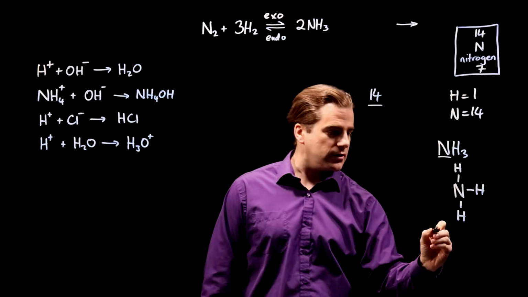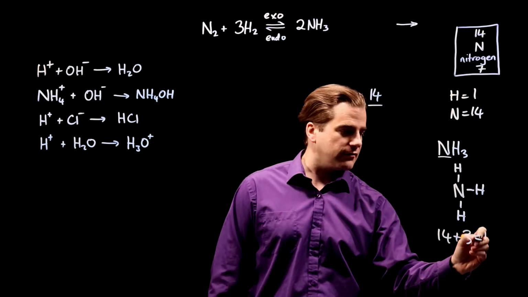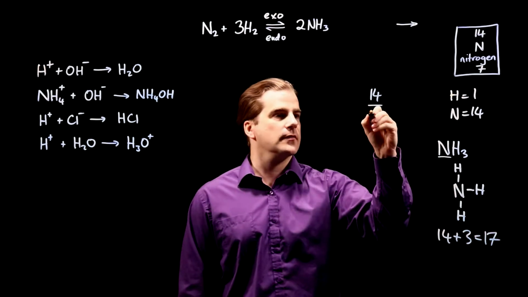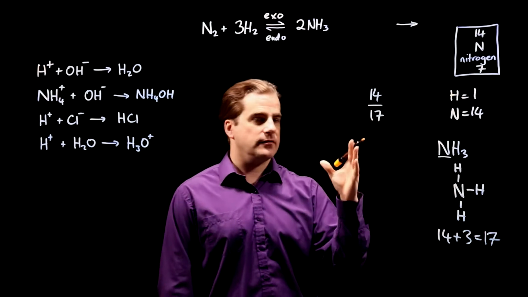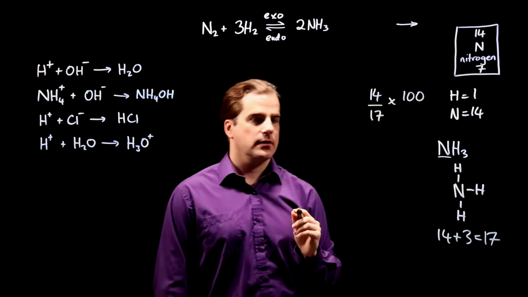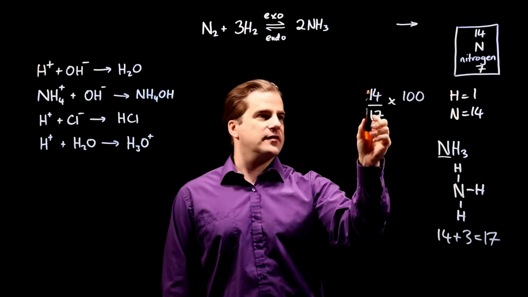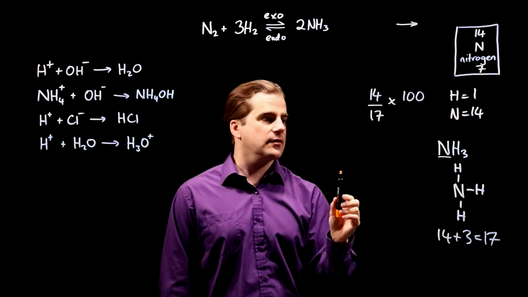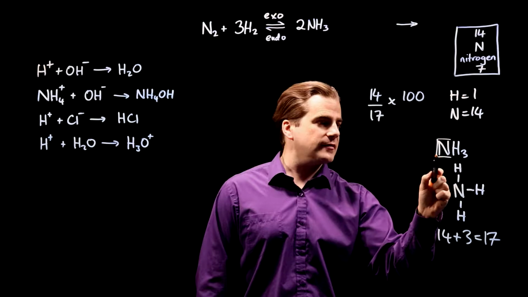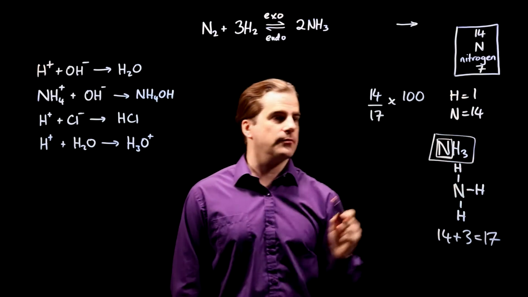So the total is 14 plus 3, which is 17. Okay? And then to turn it into a percentage, you multiply by 100. So that's how you work out the percentage by mass of an atom in a whole molecule.